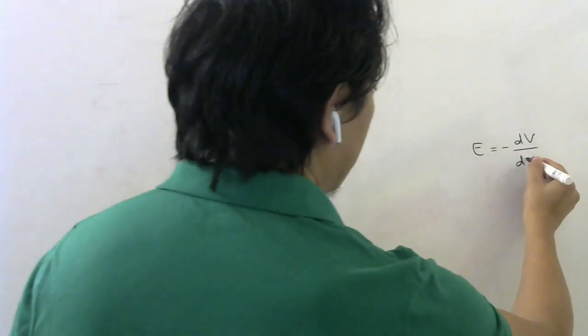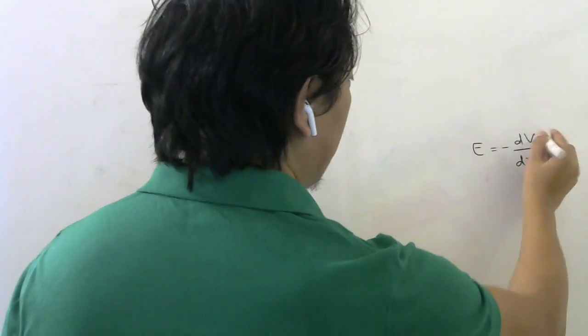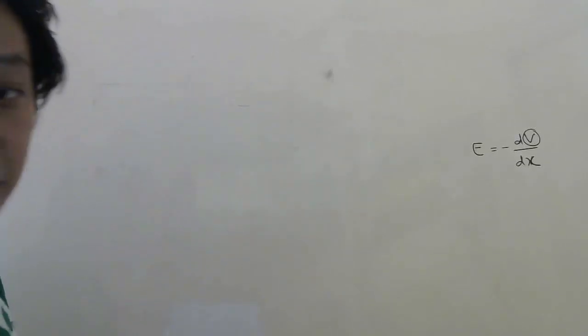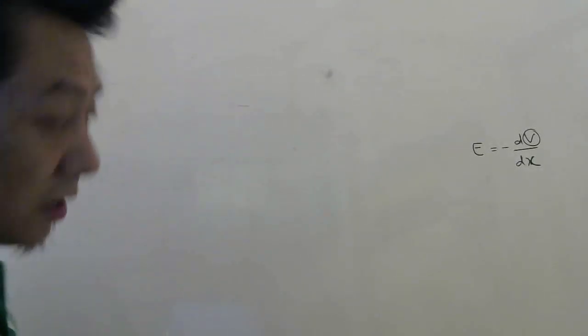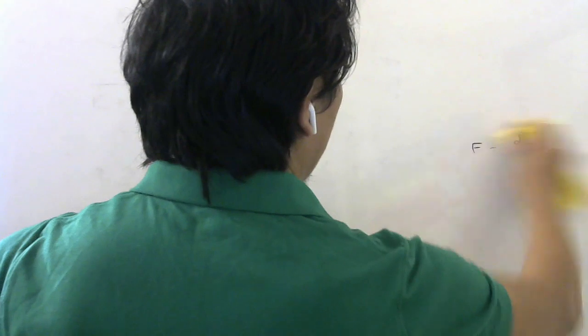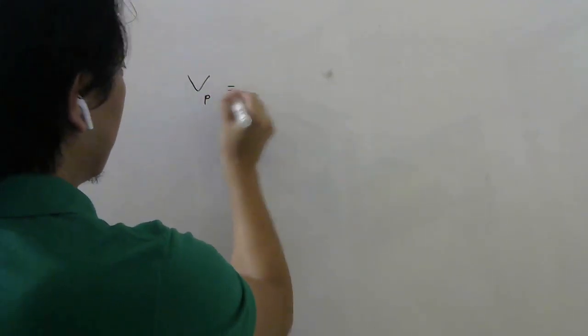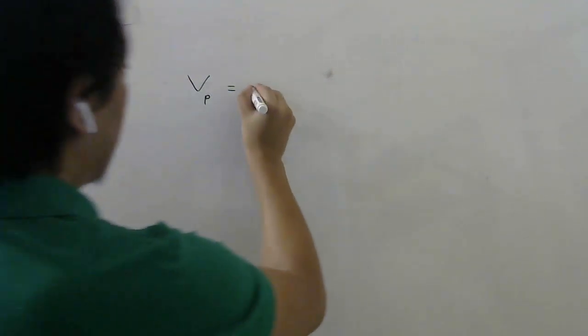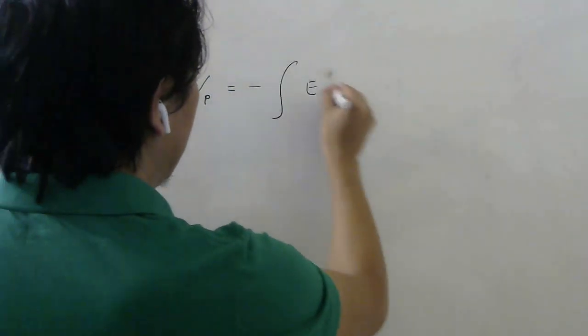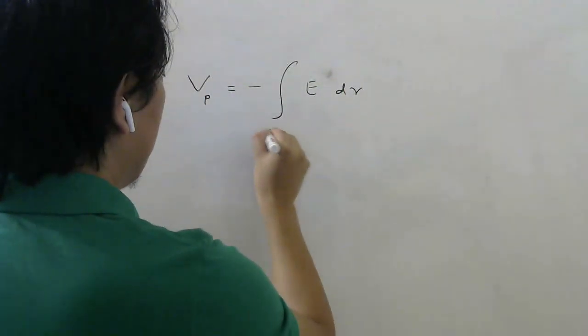So this was to find electric field if you know potential as a function of x. But now we want potential. So what formula will we use? Go back to the first part of the video. I told you potential at any point can be written as minus integral E dr from infinity to P.